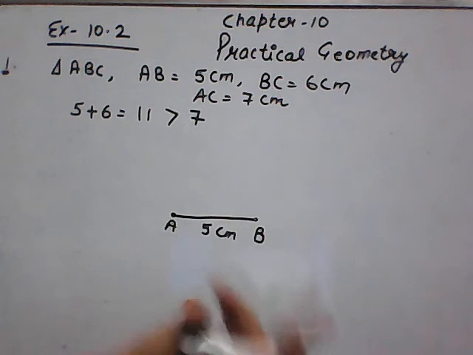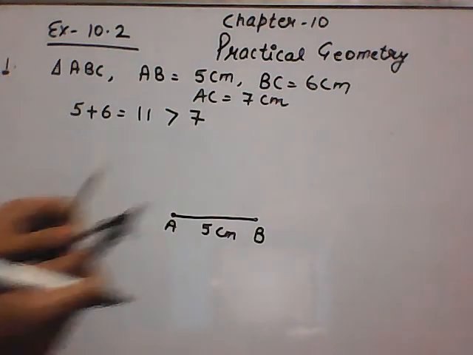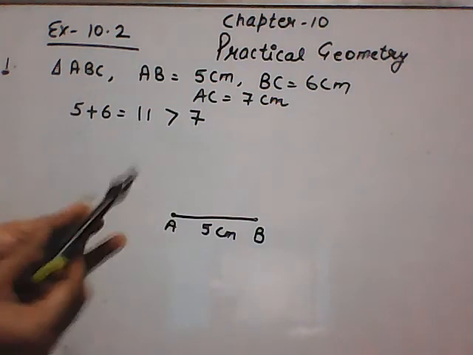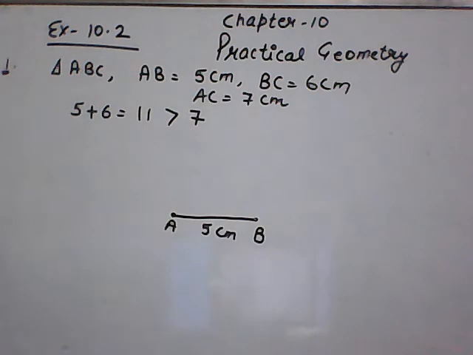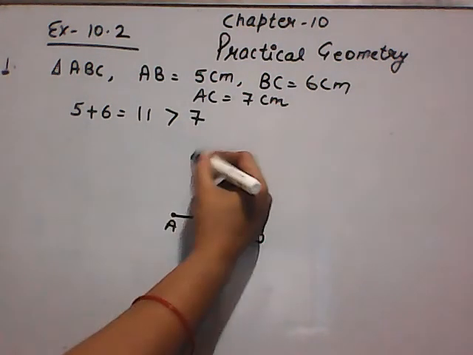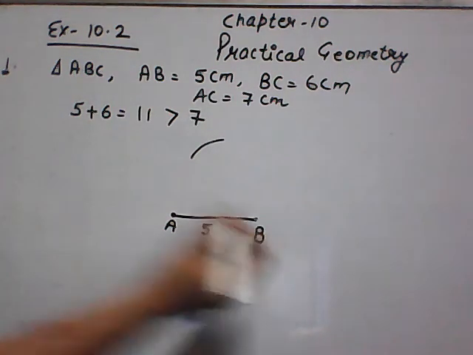You have to open the compass to 6 centimeter. Taking B as center, draw an arc in this way. In this way, you can draw an arc of 6 centimeter.